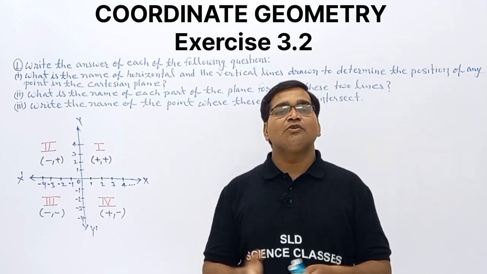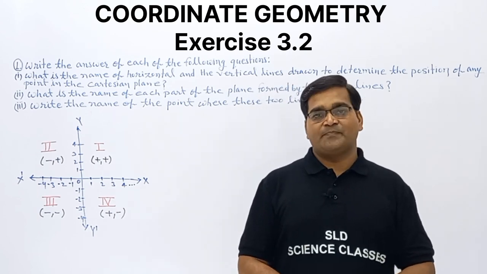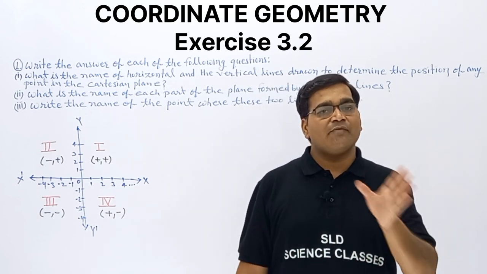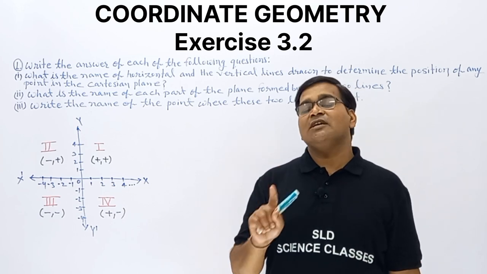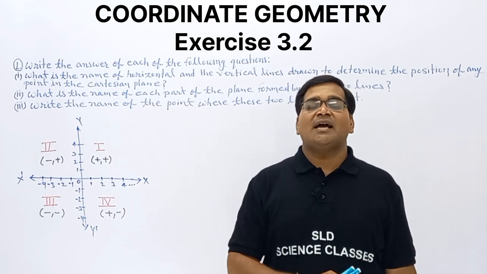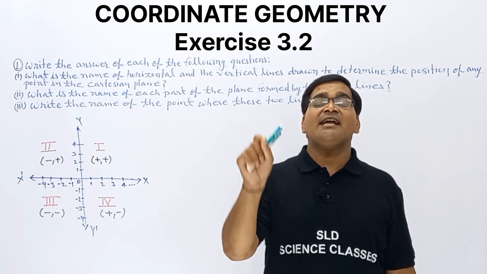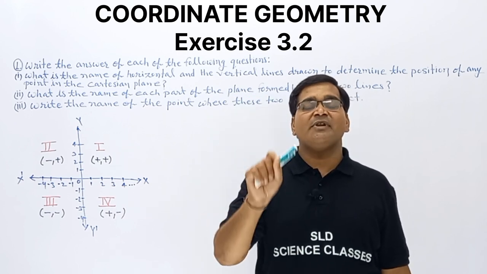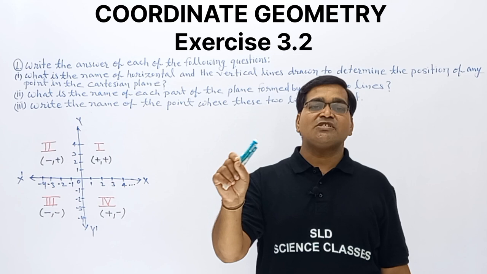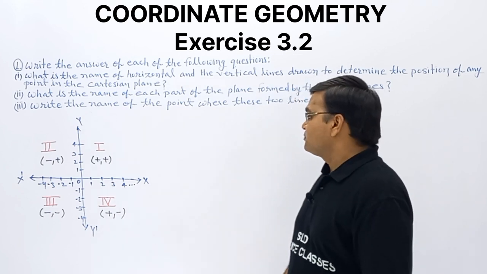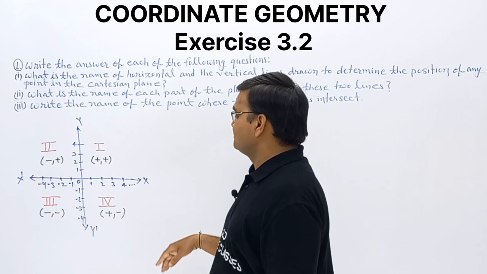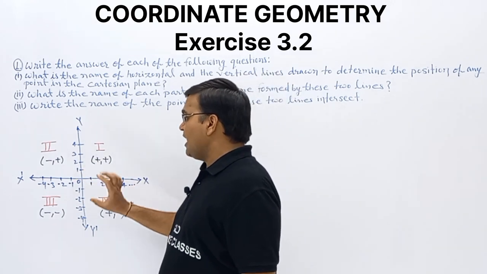These are all linked to the Cartesian system. The Cartesian system has two perpendicular lines, and using both lines we describe the position of a point in a plane. Clear?